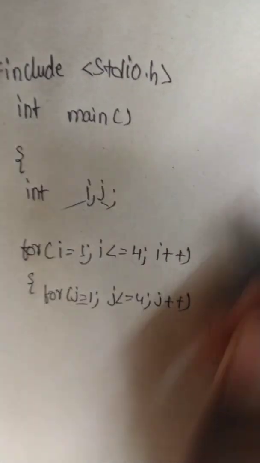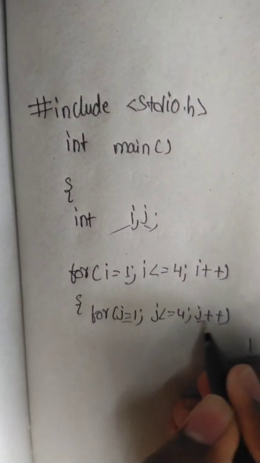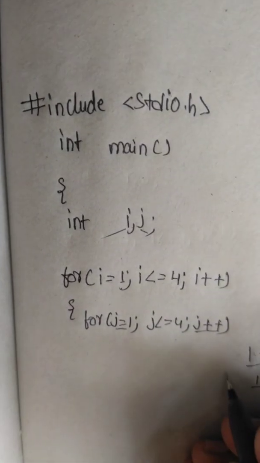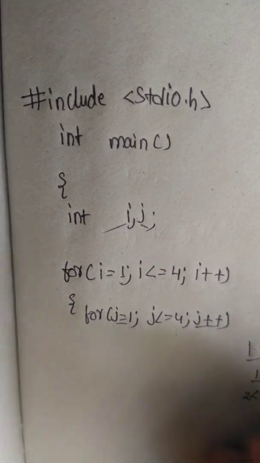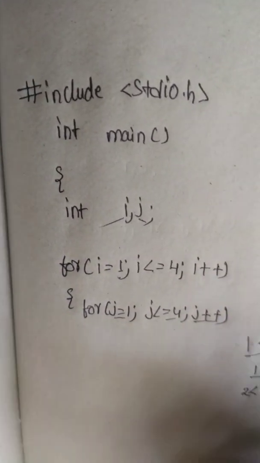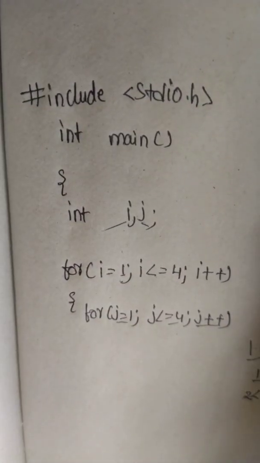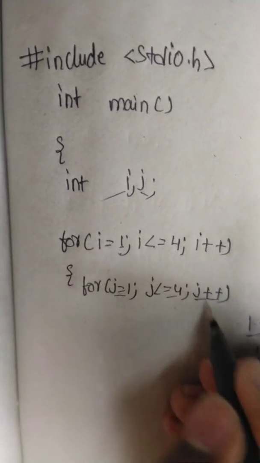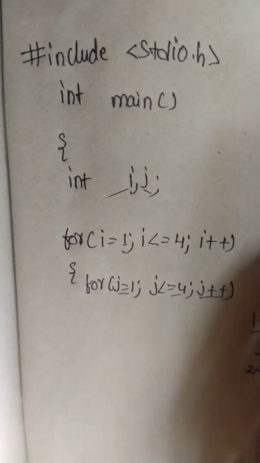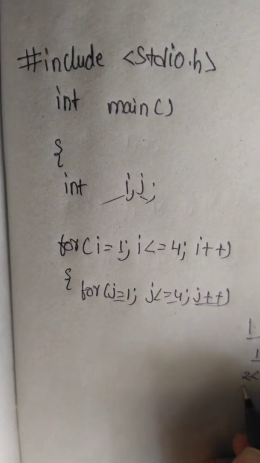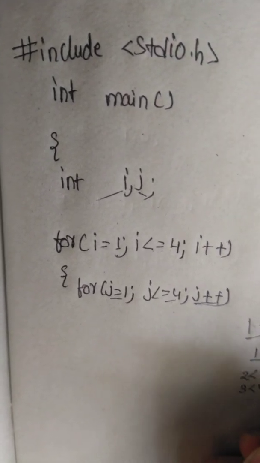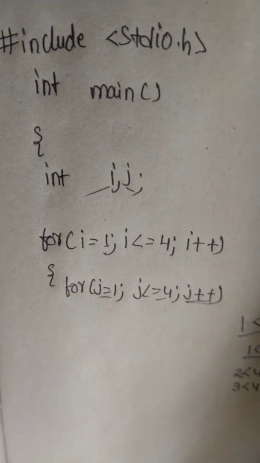After printing this star, I applied the j++ increment operator. So 1 plus 1 is 2, and 2 is also less than 4. This condition is satisfied, so again one star is printed. After printing, the increment is applied again: 2 plus 1 is 3, which is less than 4, and the star is printed.